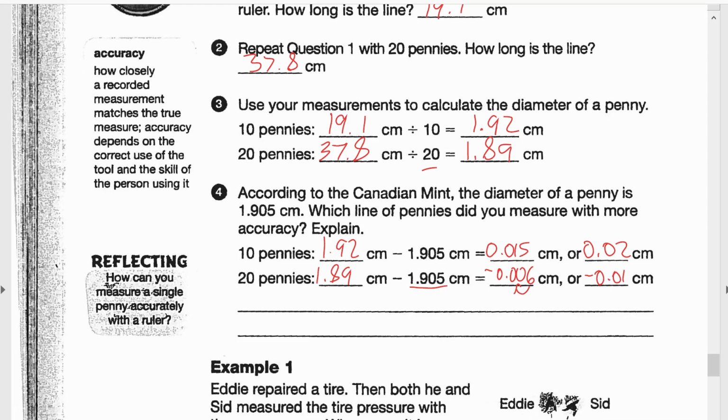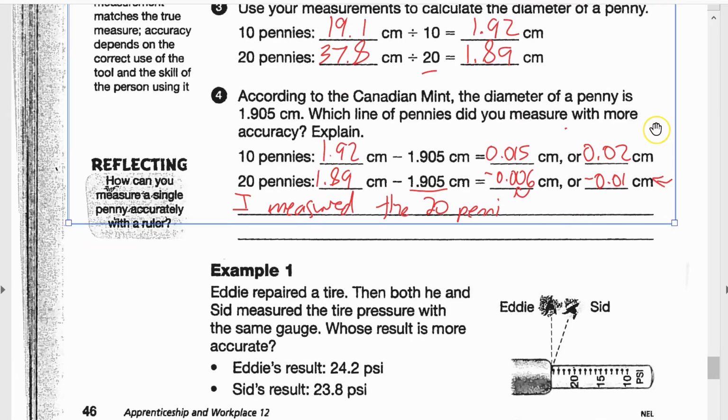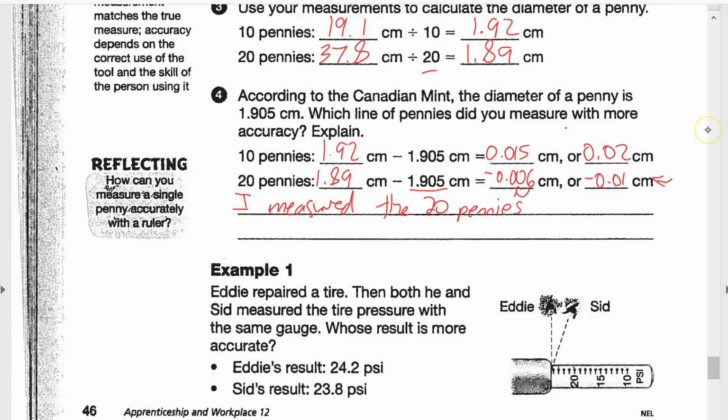So this is smaller than that one. So I measured the 20 pennies more accurately. It was closer to the true value.